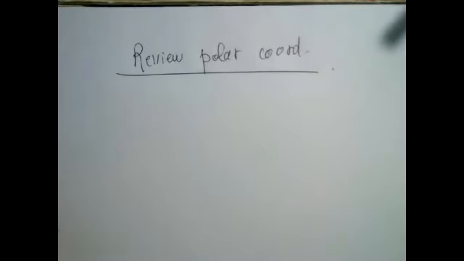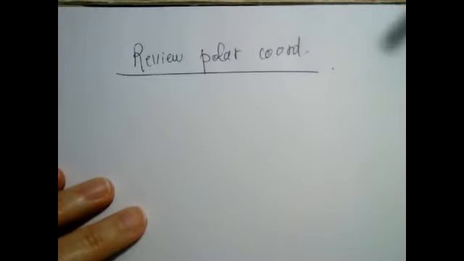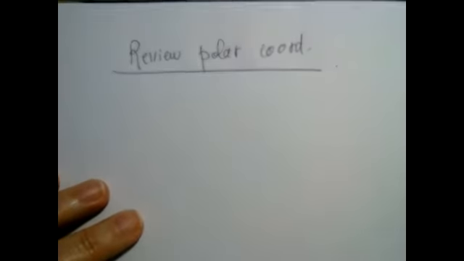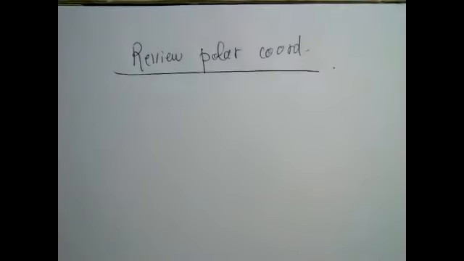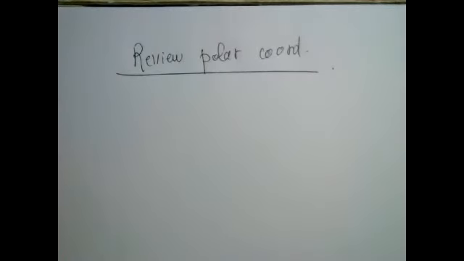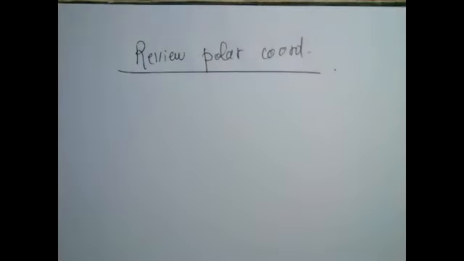The idea is that we have two ways of locating points in the plane. One way is by telling you the x and y coordinates, which we call the Cartesian coordinates. Another way to locate a point in the plane is by giving you what we call polar coordinates. So let us remember quickly how those are defined.